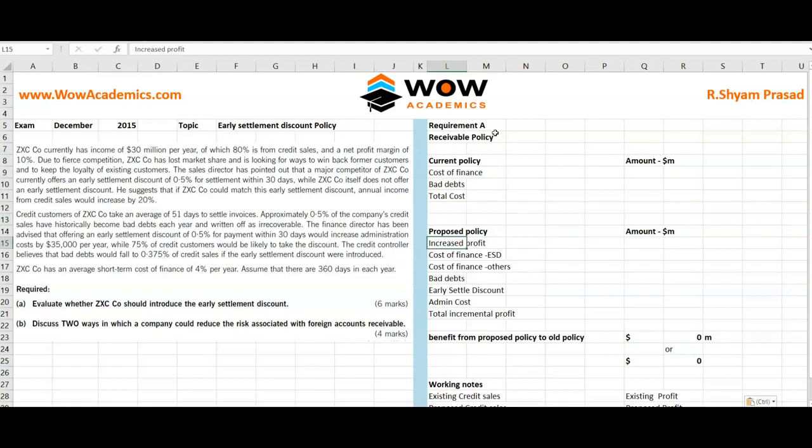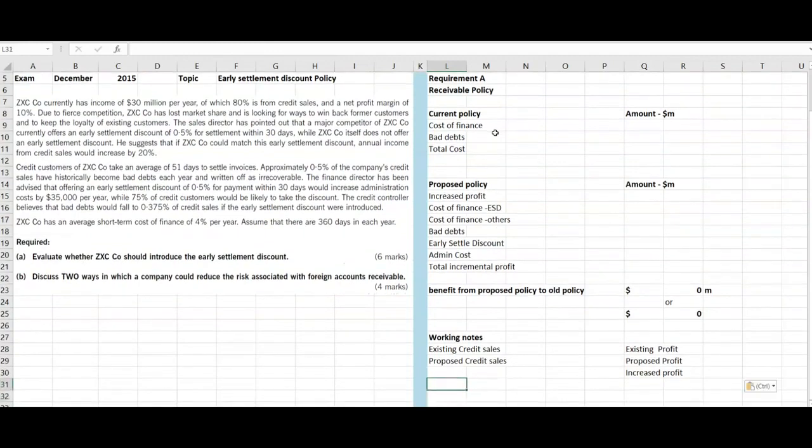We'll start. The current policy will have these costs: the cost of finance, the bad debts, and finally we'll total the cost. The proposed policy has a lot of items here, so we'll incur that. We'll also work out whether there's a benefit from the proposed policy compared to the old policy, and we'll also have some working notes.